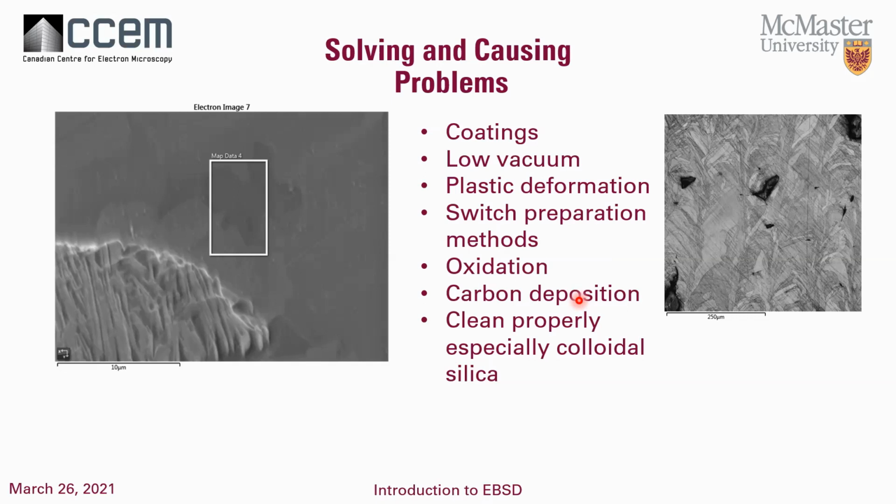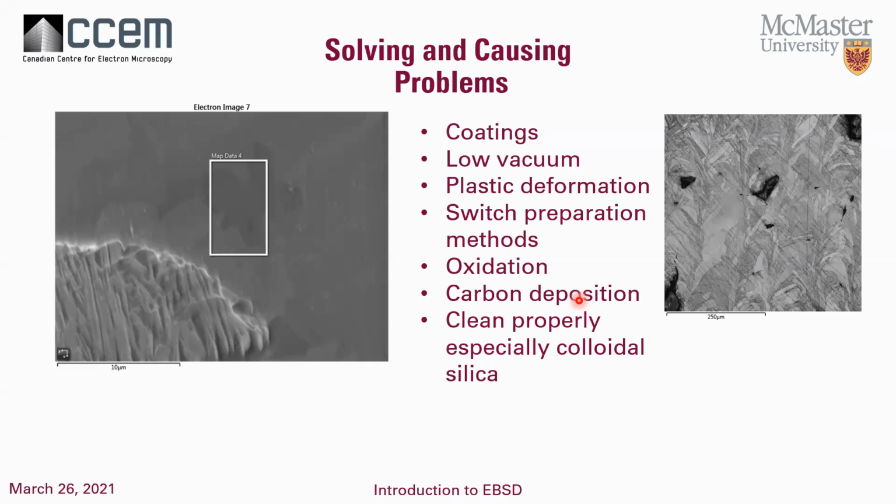Because of the various pumping systems used, and because you might be looking at mounted samples, you'll get organic material which gets cracked or broken down by the beam into carbon, which gets deposited over time on the sample. Sometimes this carbon deposition can be quite severe, so you may have to do things like plasma cleaning it off, especially if you're doing reanalysis of the same area multiple times.